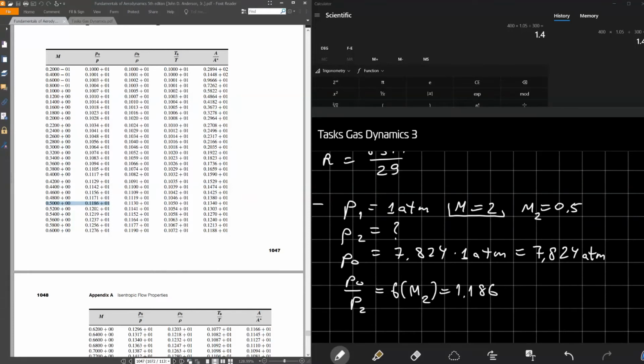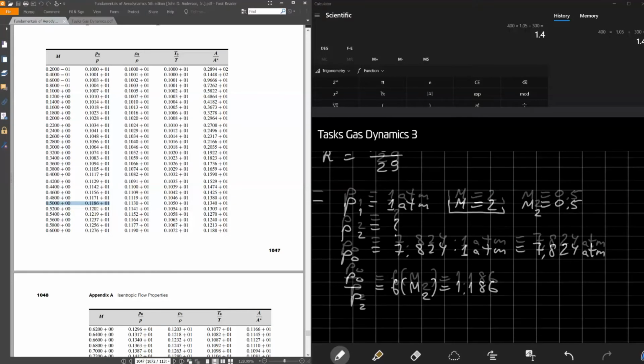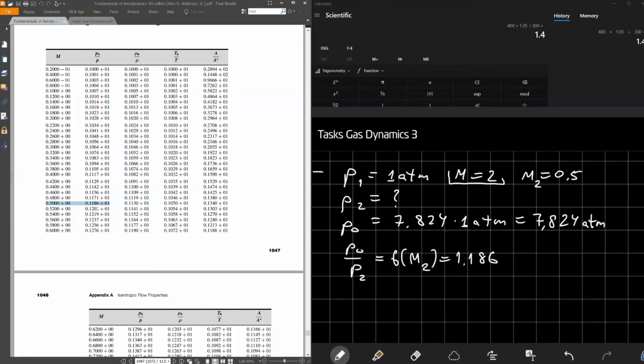Since P0 is already defined, I can use it, and P2 is simply calculated as P0 divided by the function of Mach number 2.